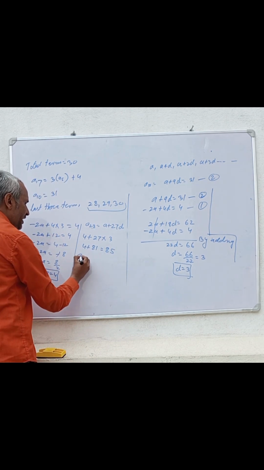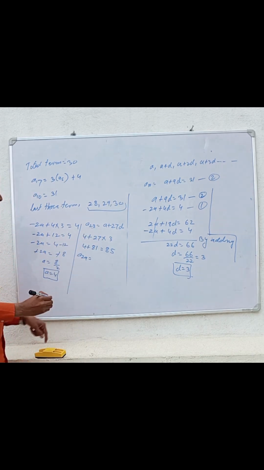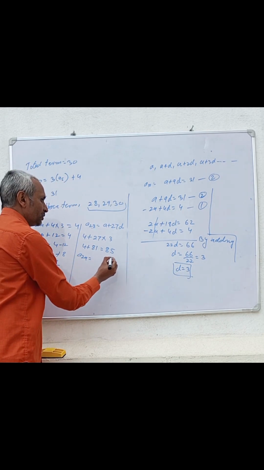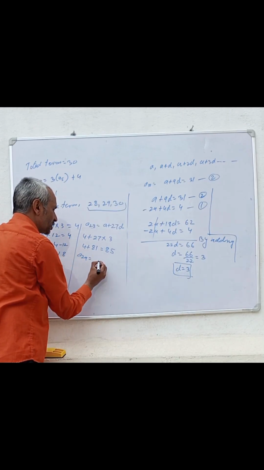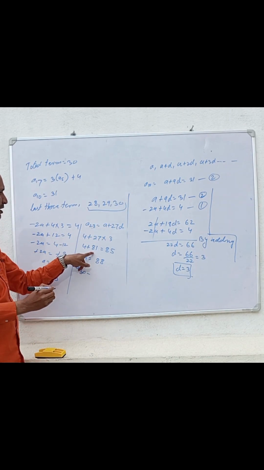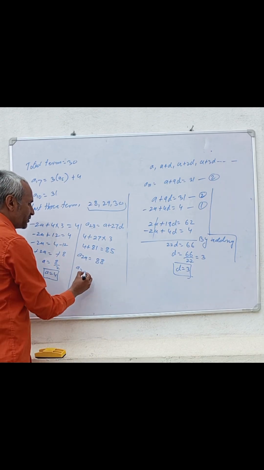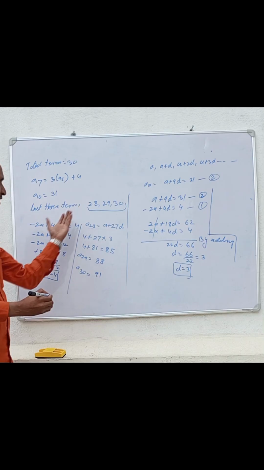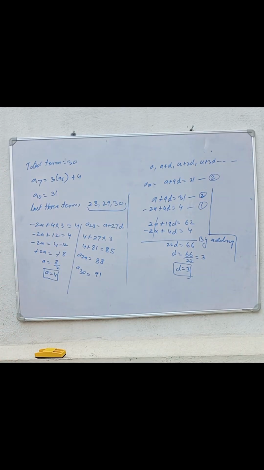Now A29 you can find directly, but in that, next add D, then it becomes 85 plus 3 is equal to 88. Then A30, again adding 3, it becomes 91, and that's all the answer of this arithmetic progression. In that, another one more question is given, an OR question.